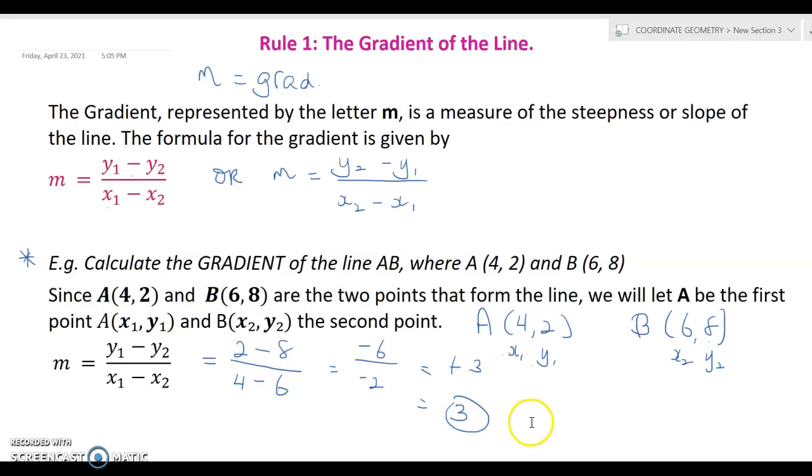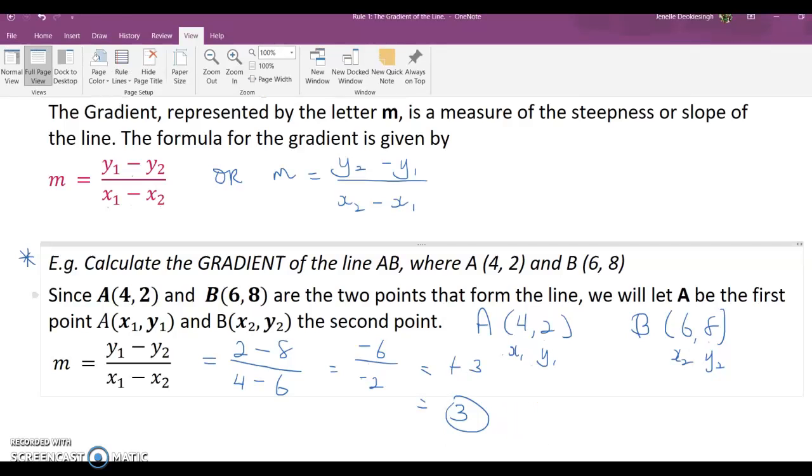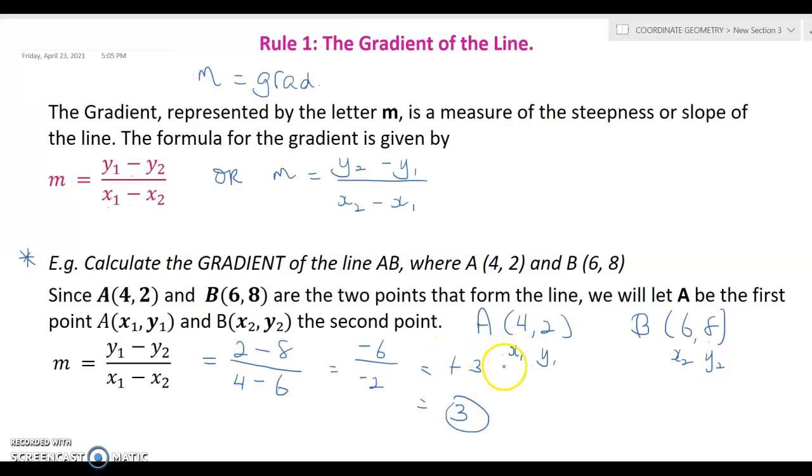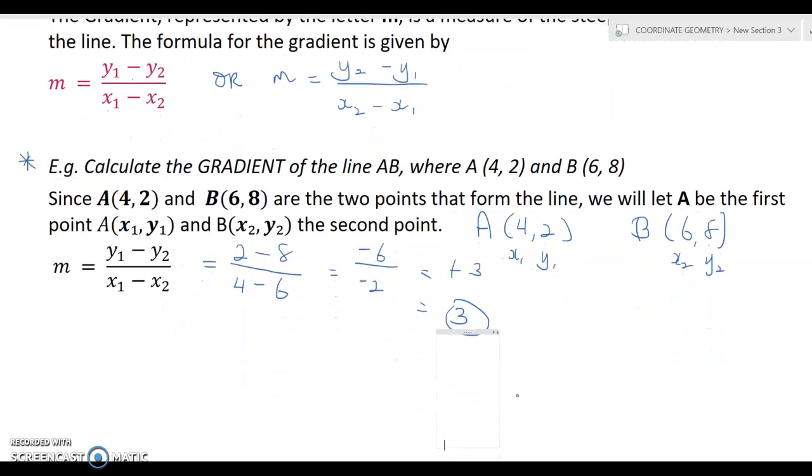Now, as I said, some people use the formula as y2 take away y1 all over x2 take away x1. So I'm just going to show you all how you can use that formula as well. So let's look at that.